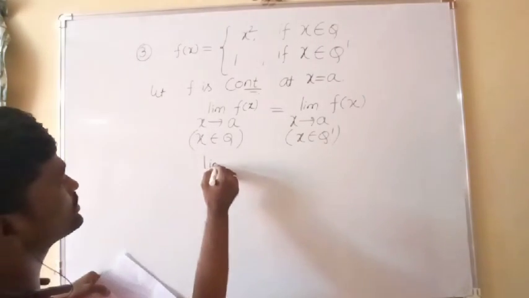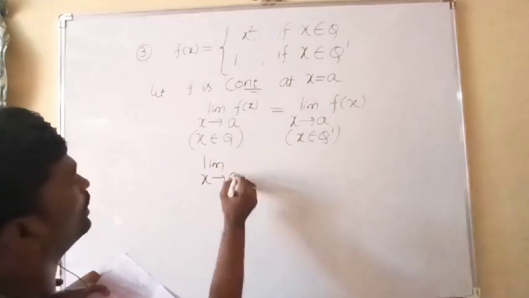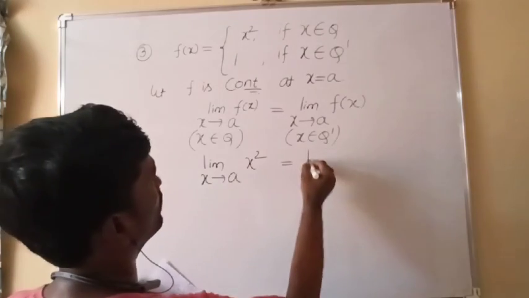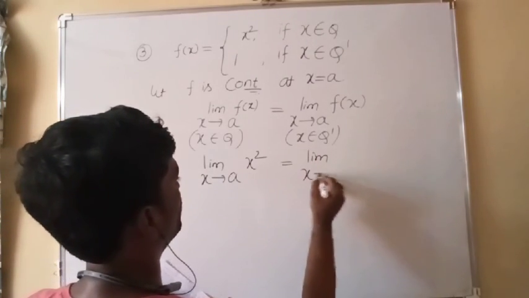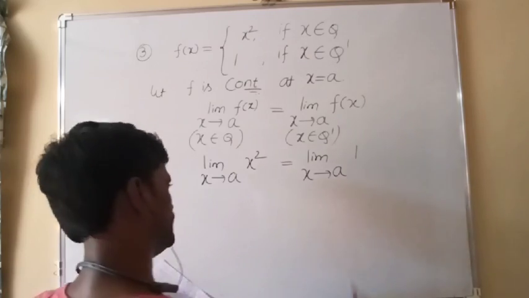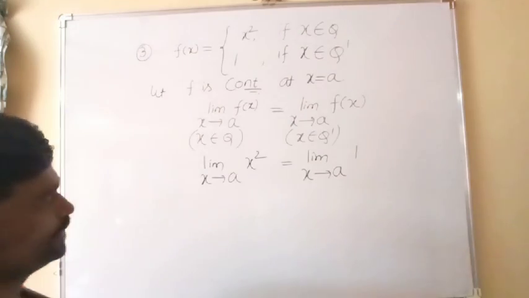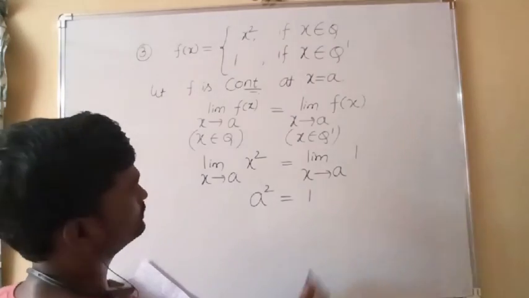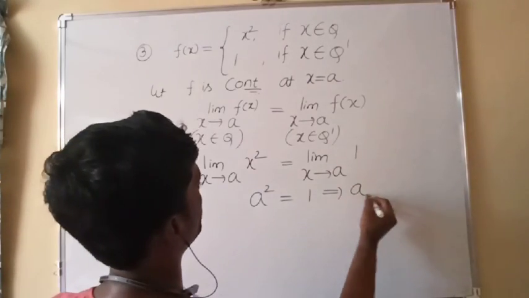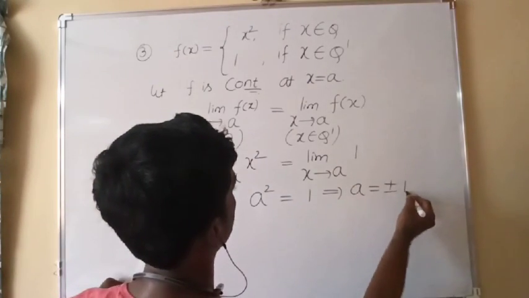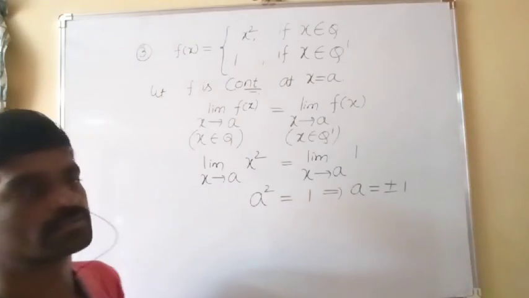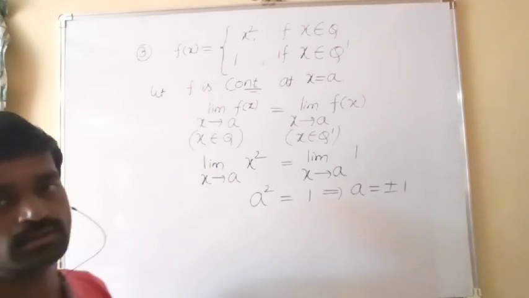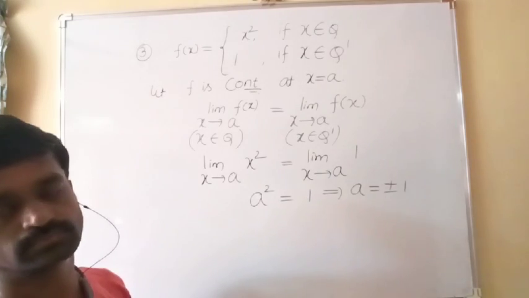Limit x tends to a when x takes rational values, what is the definition of the function? x square. Limit x tends to a when x takes irrational values, what is the definition? 1. And applying the limit, what do you get? a square is equal to 1. a square is equal to 1 means a is equal to what? Plus or minus 1. So this function f(x) is continuous at plus or minus 1.